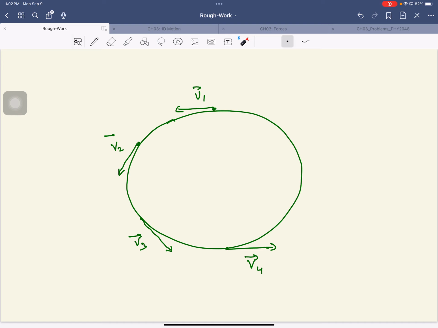The magnitude is not changing. You can change the velocity by changing the direction. The direction is changing. You are accelerating. It turns out that when the magnitude doesn't change, but only the direction changes, the acceleration is perpendicular to the velocity. Let me write this down.